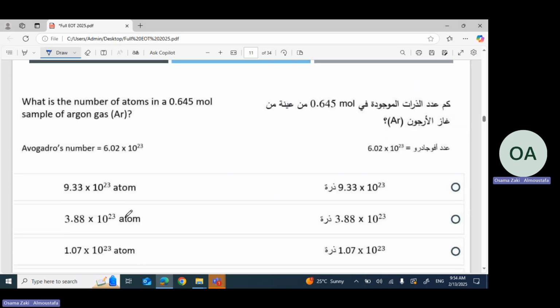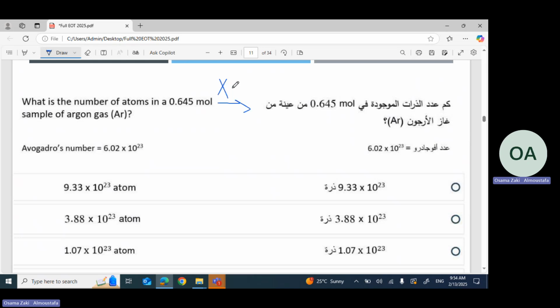Let's move to the next point, which speaks about what is the total number of atoms in 0.645 moles of a sample of argon gas, Ar. Okay, so to convert from moles to atoms, we multiply by what?